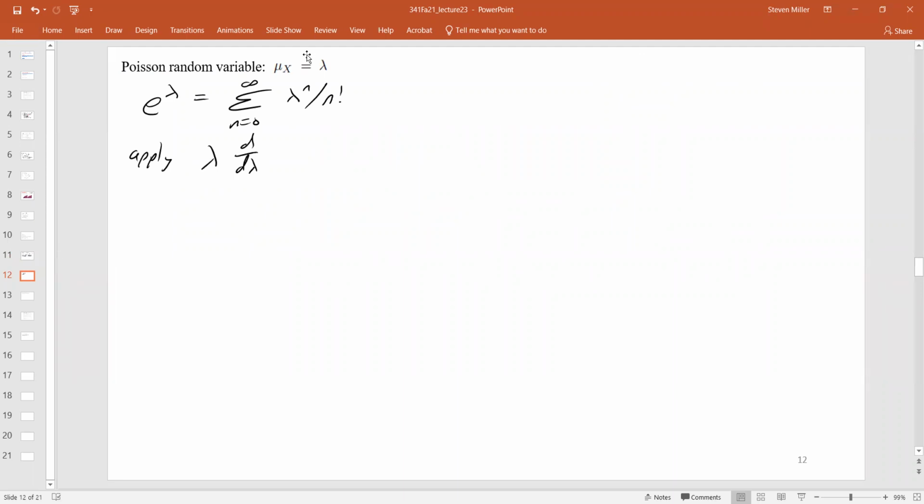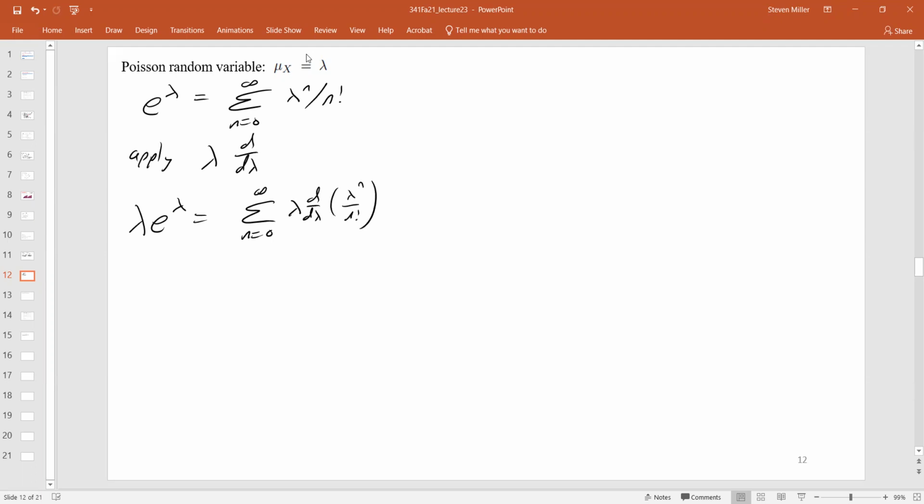When we take the derivative of e to the lambda, we just get back e to the lambda. So we just get lambda e to the lambda is the sum n goes from 0 to infinity of lambda d by d lambda of lambda to the n over n factorial.